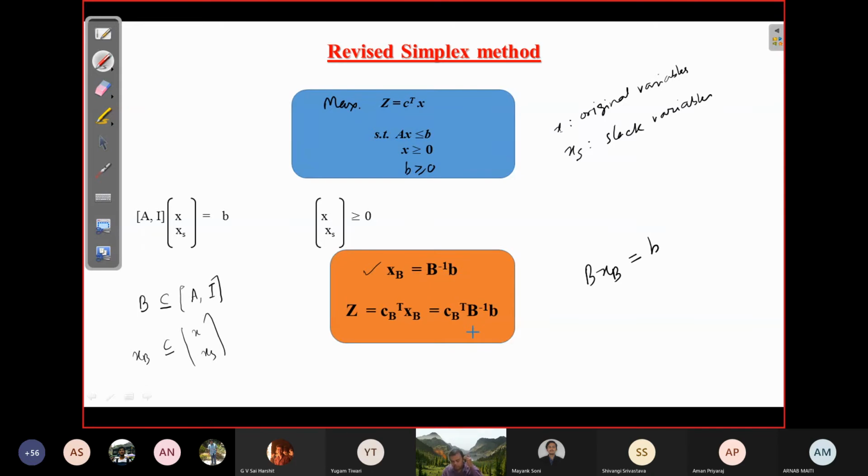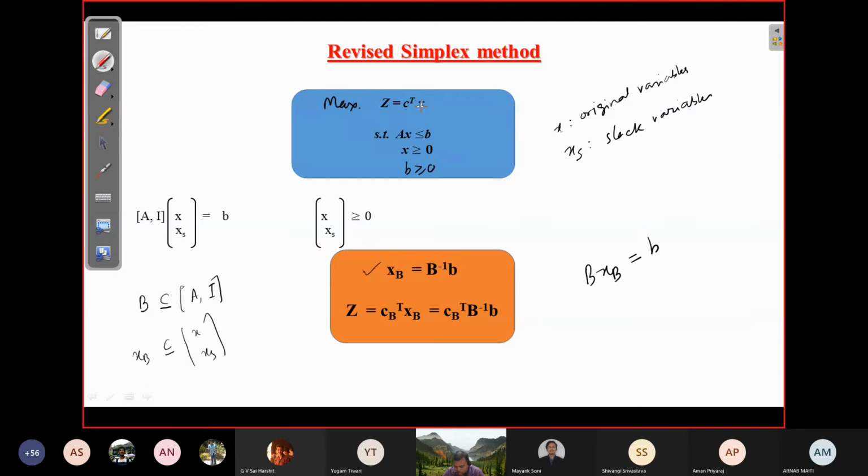And what will be the objective value Z? Here you see what is written: c transpose x.